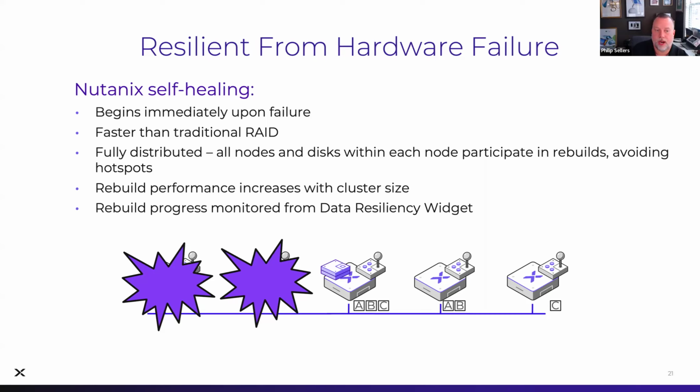So if on node 3 our CVM were to fail, we would be able to talk over the wire and receive blocks A, B, and C from the other nodes in the cluster until the CVM reboots and comes back online. So whether it's an unplanned or a maintenance activity, you've got protections against all of these different types of failures.